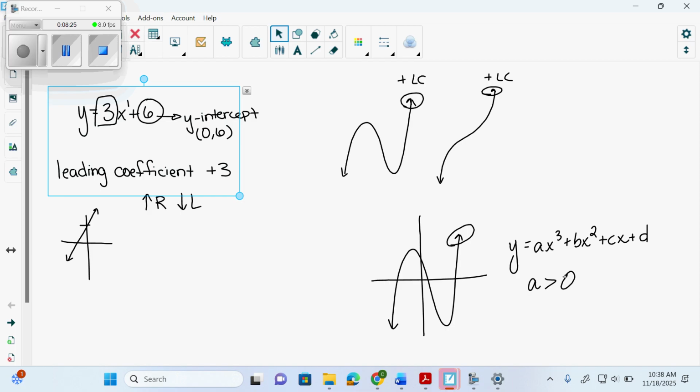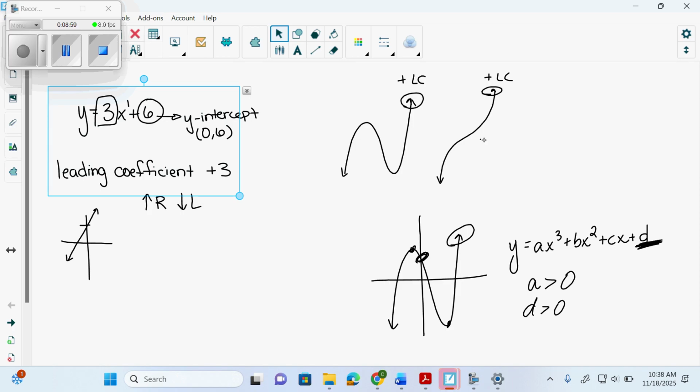D is the constant, and the constant is the y-intercept, yes? So d is greater than 0. How many turning points does this graph have? A max and a min, so it has 2 turning points. The definition of a turning point is a max or min. So that one is 2. This one here would have none.